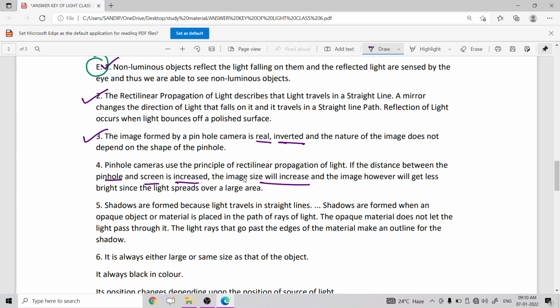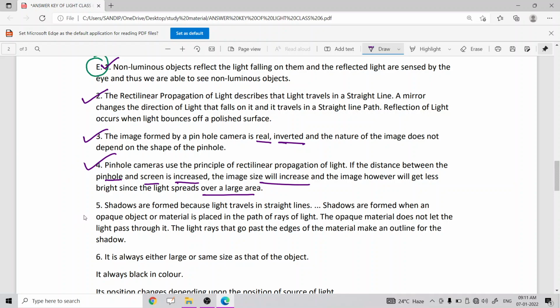If the size of the image is increased, then the brightness becomes less, and the light spreads over a large area. So in this way we get a larger image by a pinhole camera.